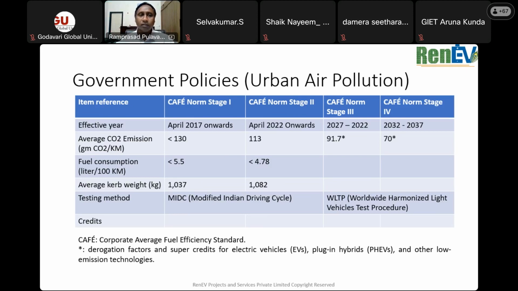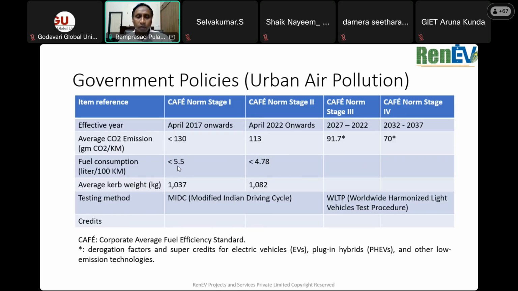As you can see, the CO2 emissions per kilometer have reduced from 2017 onwards to 2032-37, which is further going to reduce by 70, meaning grams of CO2 per kilometer. So what the Government of India is expecting is an increase in fuel efficiency. As you can see, the fuel consumption, the third row of the table, in liters per 100 kilometers, is reducing.